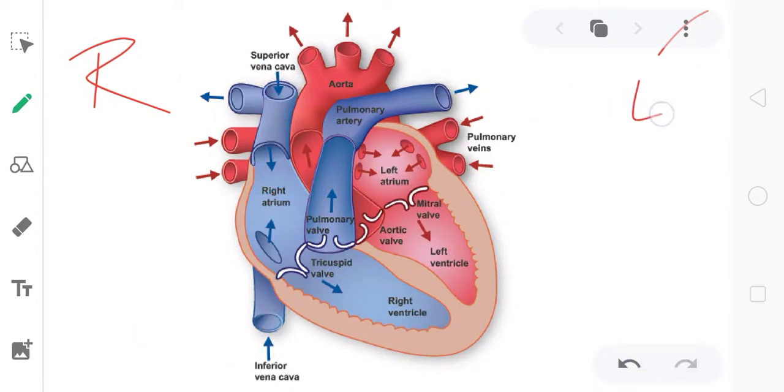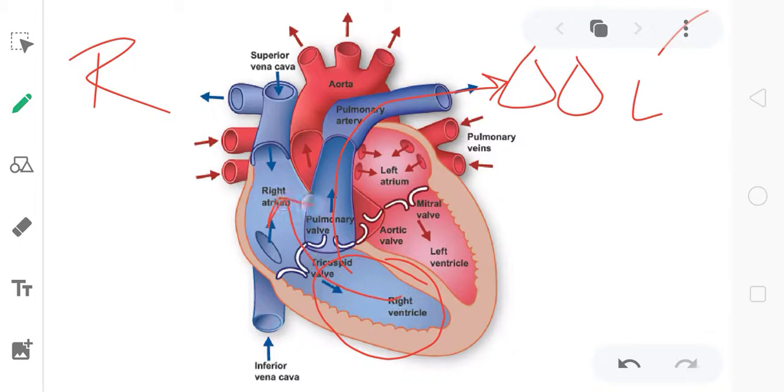If there is not enough contraction of the right ventricle, what will happen? The blood will not go to the lungs. So there will be backflow of the blood because there is not enough contraction.